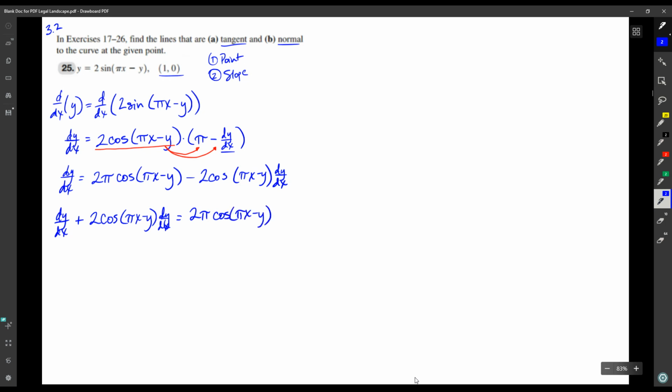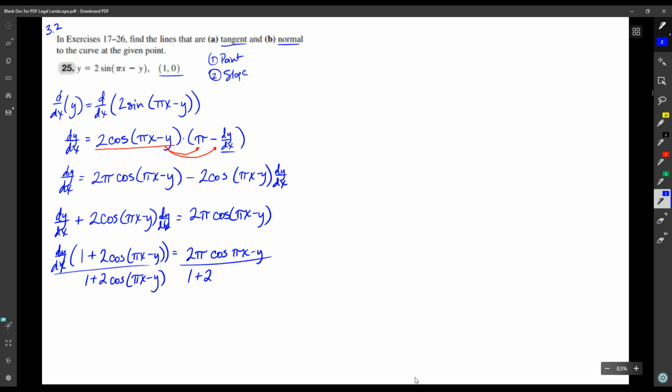Okay, next, we'll factor out the dy dx. Dy dx comes out of the 2 terms on the left. That leaves 1 plus 2 cosine of pi x minus y. On the right, we still have 2 pi cosine of pi x minus y. And then finally, solve for dy dx by dividing both sides by 1 plus 2 times the cosine of pi x minus y.